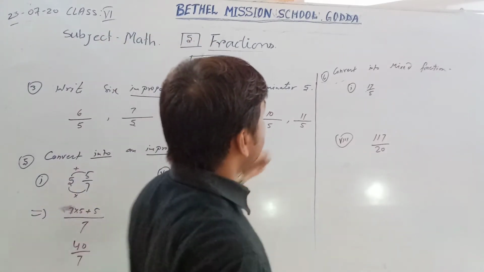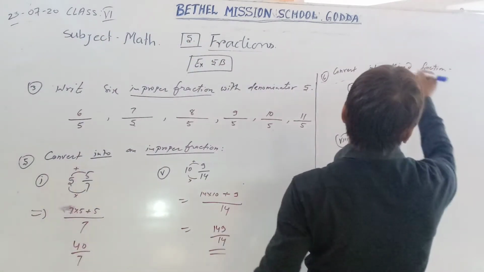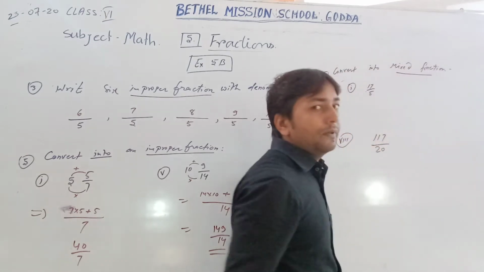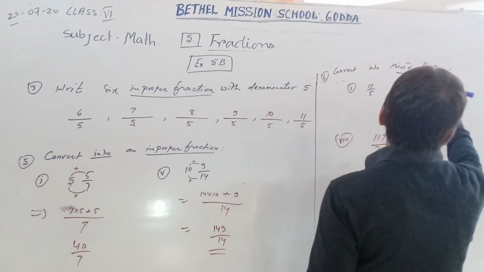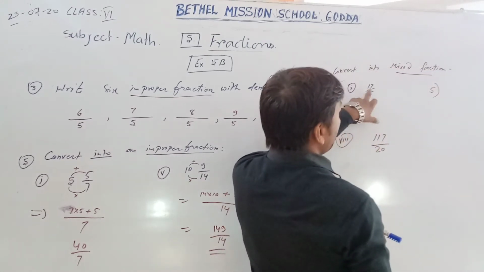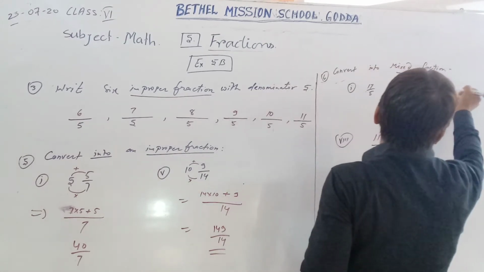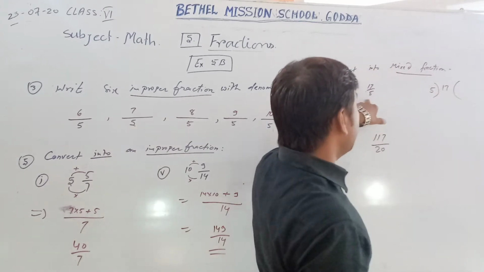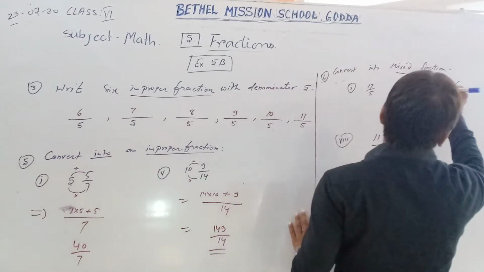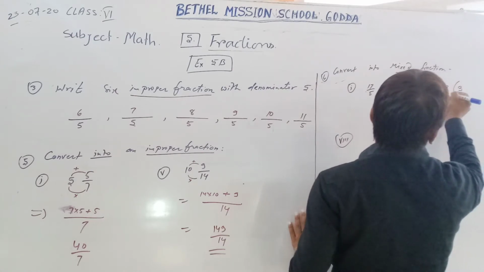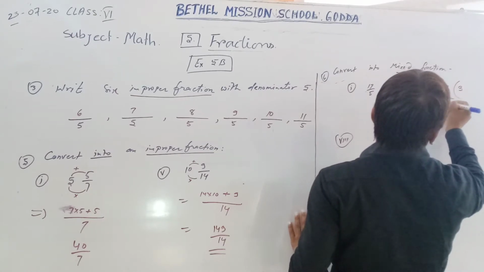Now number 6, convert into a mixed fraction. An improper fraction is given, and you have to convert it into a mixed fraction. The rule says to divide the numerator by the denominator. We get 3 times, and the remainder is 2.